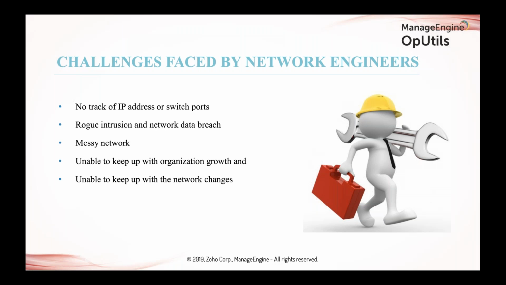Engineers are unable to keep up with organization growth, and when an organization grows, more devices are added, and the network engineer won't be able to keep track of the IP addresses assigned to those devices, or of the network changes that happen in the subnets. These are the basic and common challenges faced by a network engineer, and in this training session, we'll be discussing how OpUtils makes life easier for a network engineer.